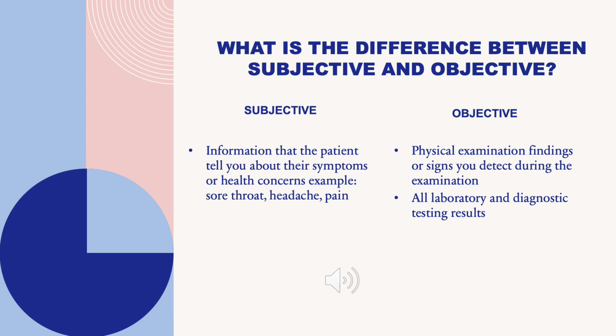One type of objective information is the physical examination findings or signs you detect during the examination. All laboratory and diagnostic testing results are also considered objective information.